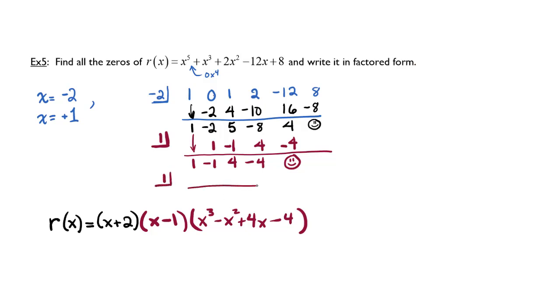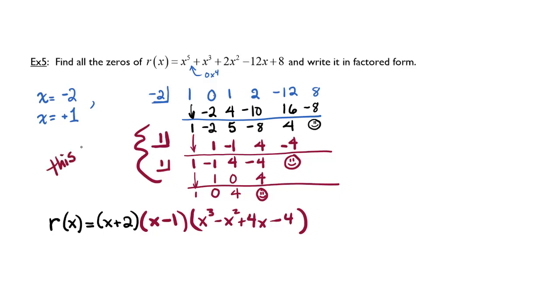So I'm recycling. Dropping the 1 down. 1 times 1 is 1. Negative 1 plus 1 is 0. 1 times 0 is 0. 4 plus 0 is 4. 1 times 4 is 4. And negative 4 plus 4 is 0. So once again, I have shown that I have another root at 1.